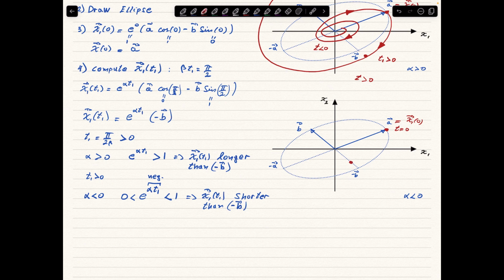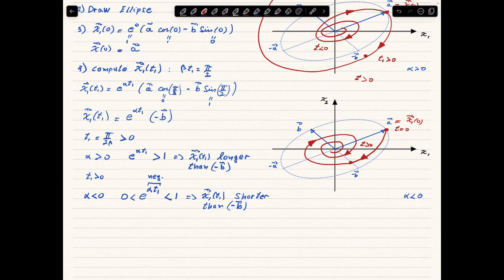That means that the solution goes from the ellipse to inside the ellipse in that direction, and this is t positive. T positive is here inside now, and that means we are going towards the center. So when t increases, now the ellipse is spiraling towards the origin.